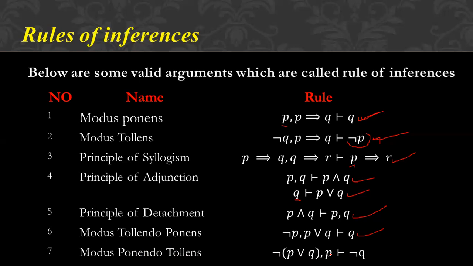If P is true, for the negation of P or Q to be true, the interior one, P or Q, must be false first. But what is P? P is true. So if P is true, what must Q be? Q must be false at the same time.